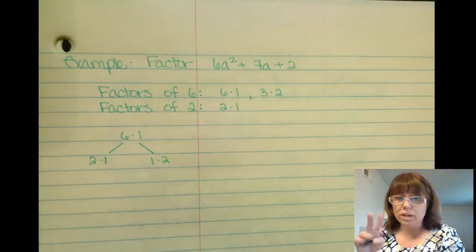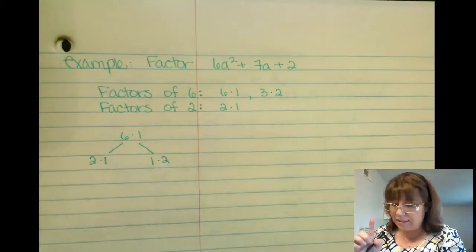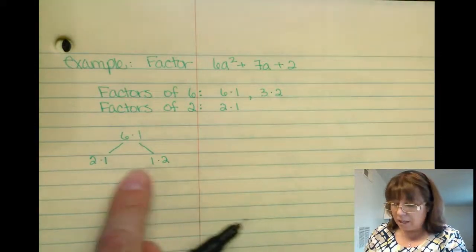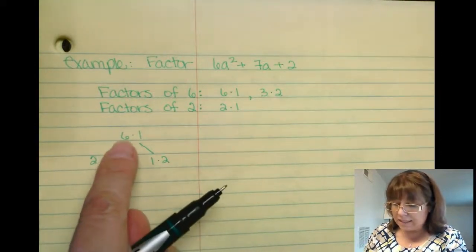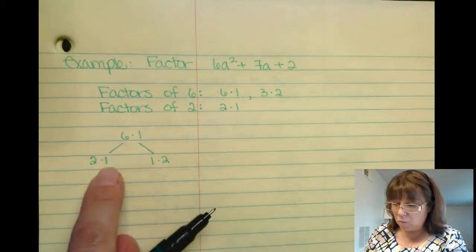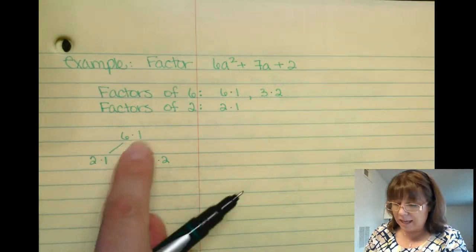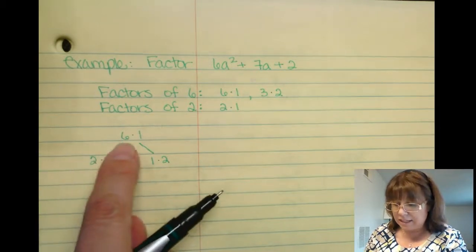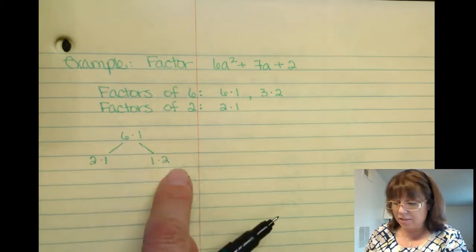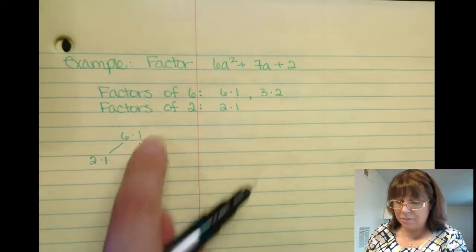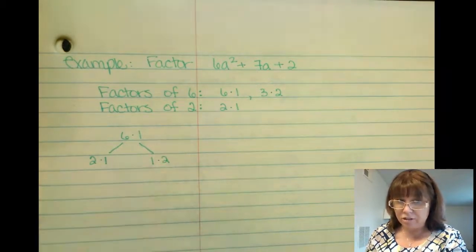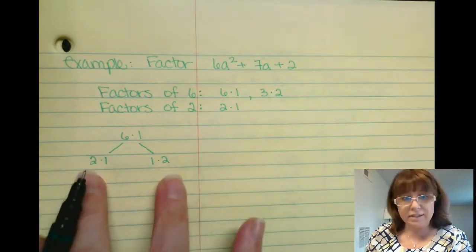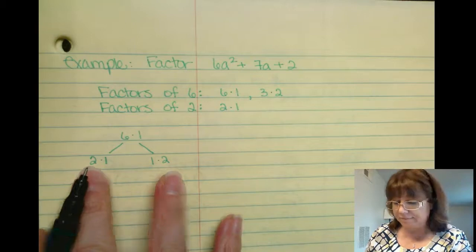Now I said I wasn't worried about the reverse, but I am in this case, because if I wrote this out, it would be 6x plus 1 times x plus 2, which is different than 6x plus 2 times x plus 1. And you'll see in a minute how it builds itself. So the reversal is the second number of the set.